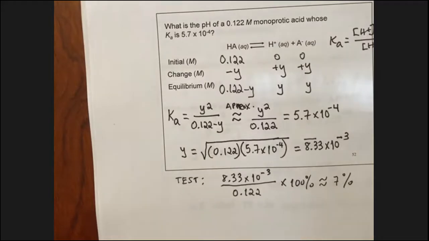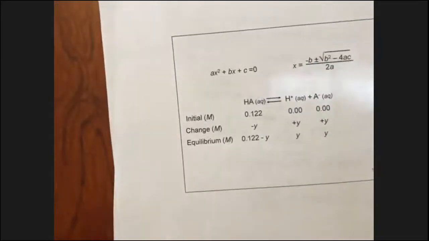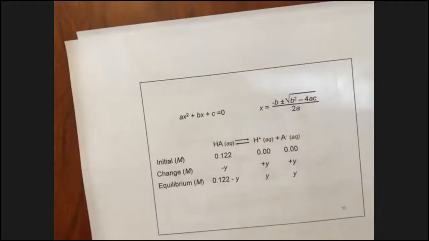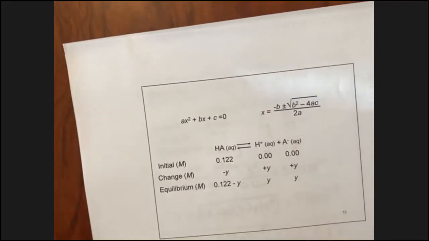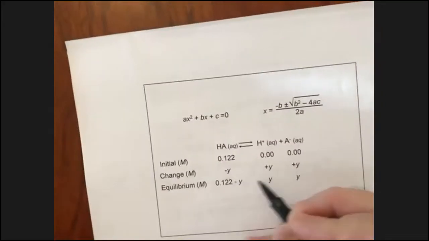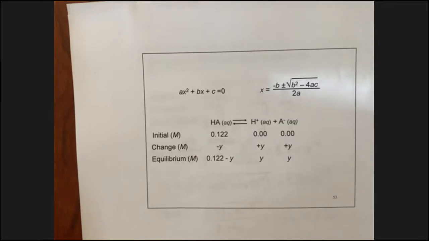All right. So if you go to your next slide, it has something that looks like this. Let's go ahead and write out what our values were. This is where we started. I have here, again, the ice table.